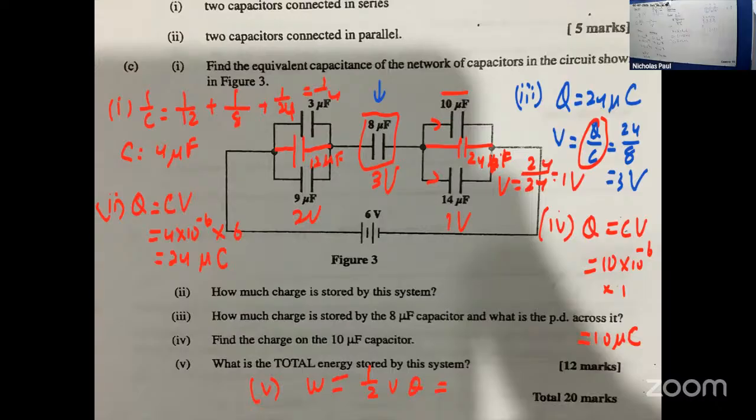V is 6, and Q is 24 microcoulombs. So that's 3 times 24, that's around 72. 72 microjoules.